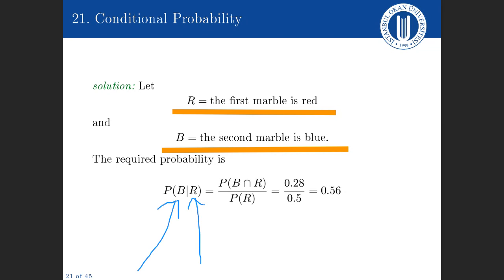So we're doing the probability of B given R, which is the probability of B intersection R divided by the probability of R. And we're told these. The probability of getting red, then blue, is 0.28, and the probability that the first marble is red is 0.5. So that means the answer to this question is 0.56.